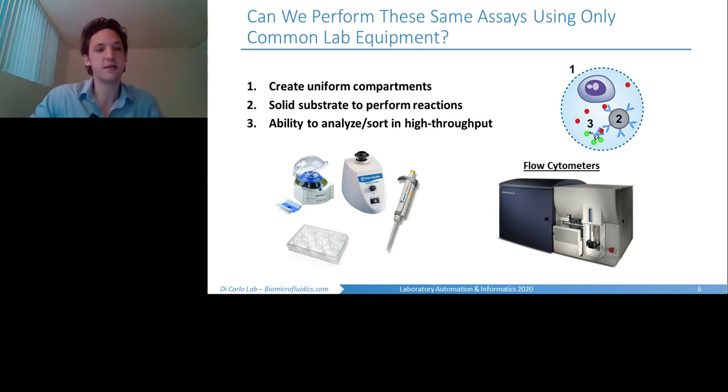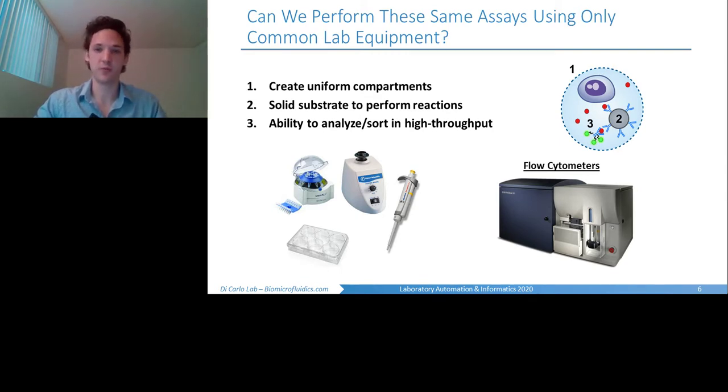Well, let me bring it down to what are the requirements that we would necessitate to properly perform these assays. The first thing we need to do is be able to create uniform compartments. So we need compartments so that we can isolate single cells, and also so that we can retain any secreted product with that specific cell.